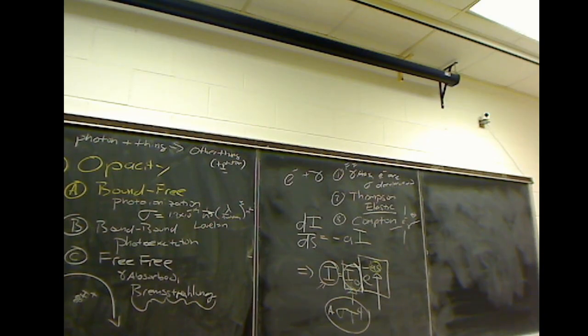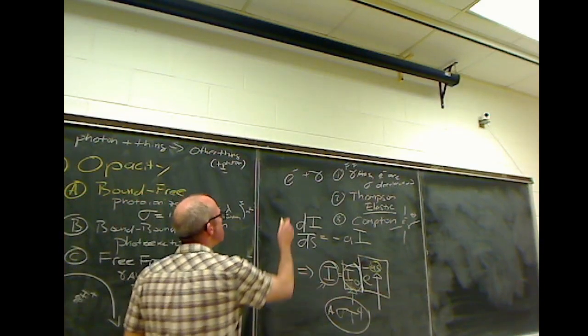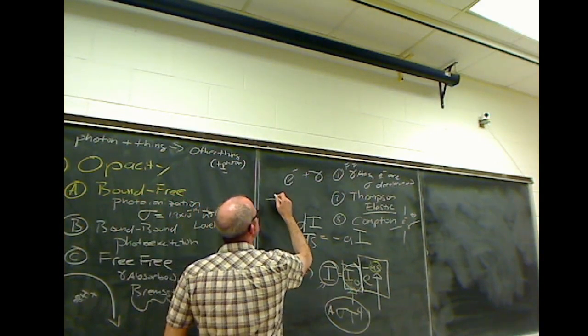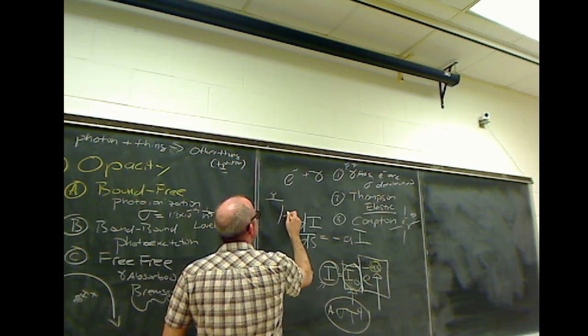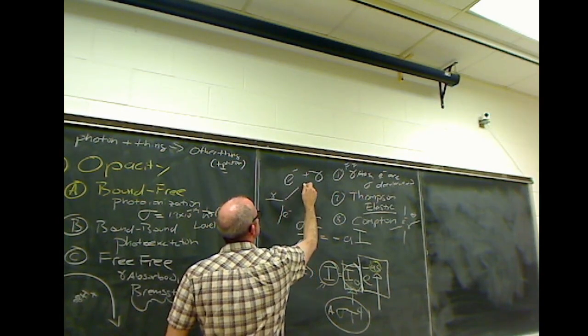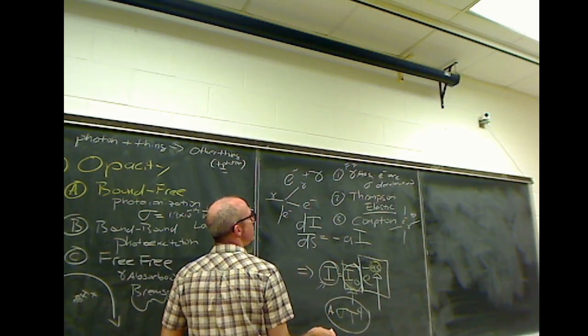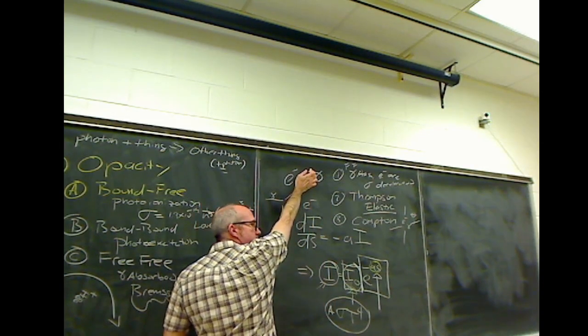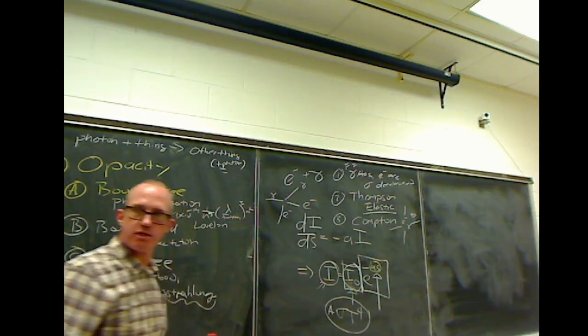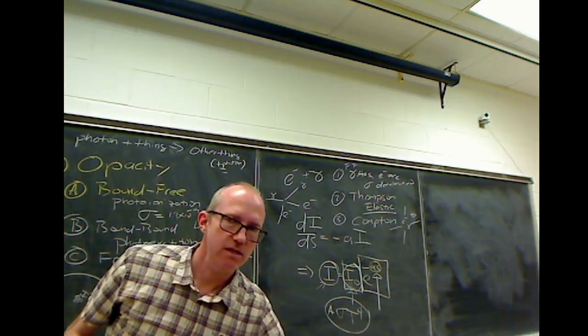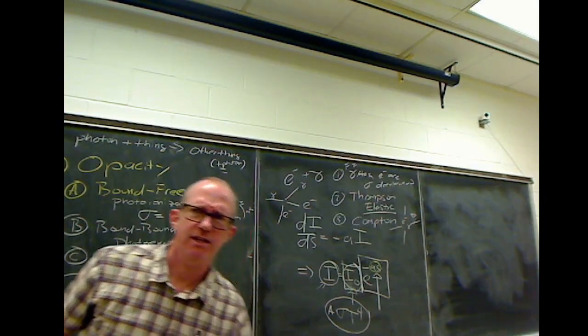So all of these look like photon, electron, photon with some other energy, electron with some other energy, except for that one where I don't get this other photon, because it just gets absorbed. Does that make sense? I think so.